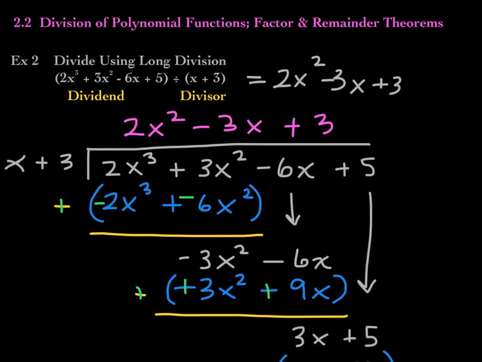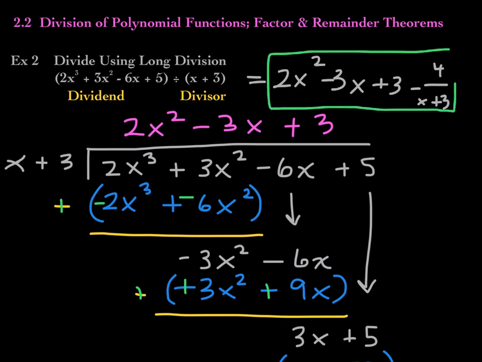So what I'll do is I'll put minus, and this remainder should be written as a fraction. So it's minus 4 over your divisor, which is x plus 3. All right, this is your final answer here.